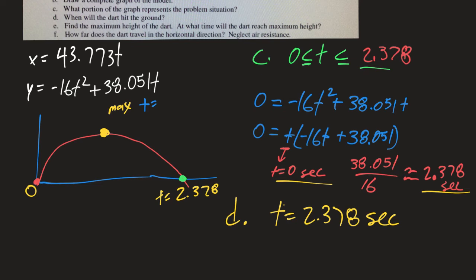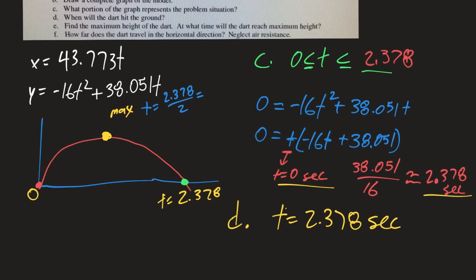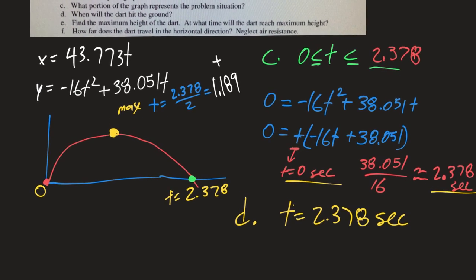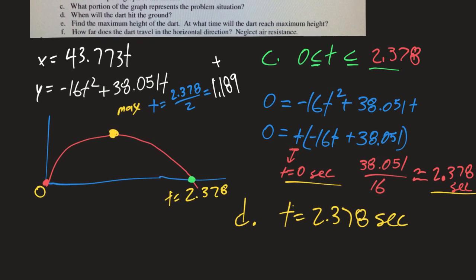So if we do 2.378 over 2, we're going to end up getting 1.189 as my t value, okay? And we can kind of figure out everything from there, right? So if I wanted to figure out E, my maximum height, I can just take that time that we just found and plug it in for the time in the y value, okay?